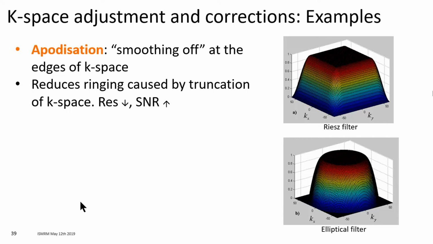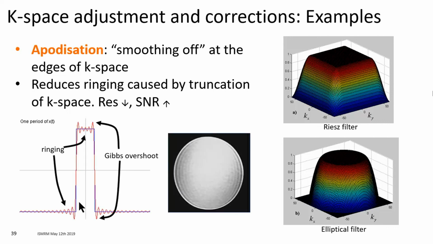This is because, since we can't acquire an infinite K-space, we have a sudden stop of data at the edge of K-space, and this causes ringing artifact in the image. So smoothing off the edges of K-space like this does reduce the resolution by a very tiny amount and increase the SNR by a very tiny amount, but it improves image quality.